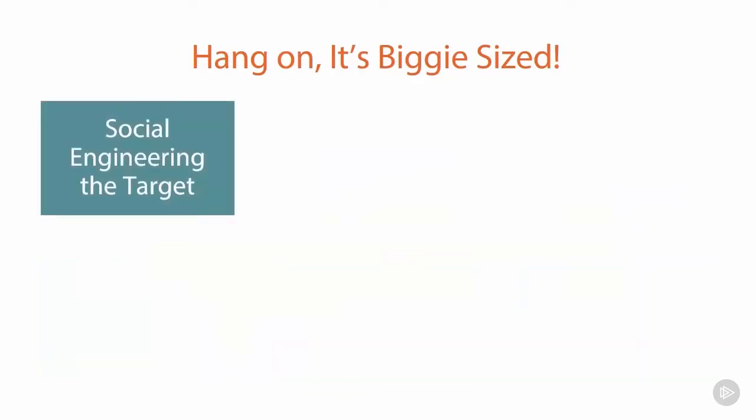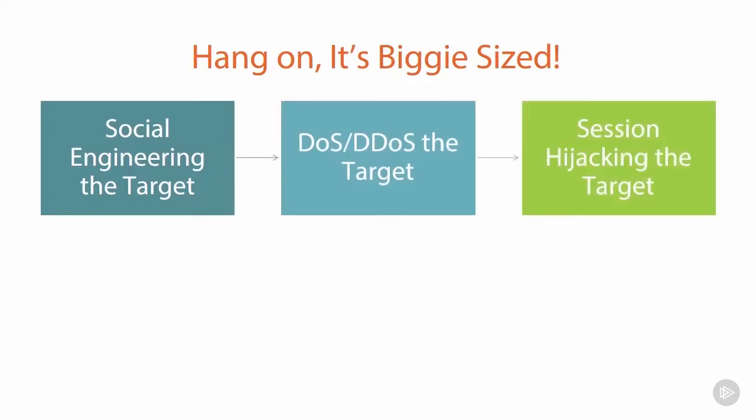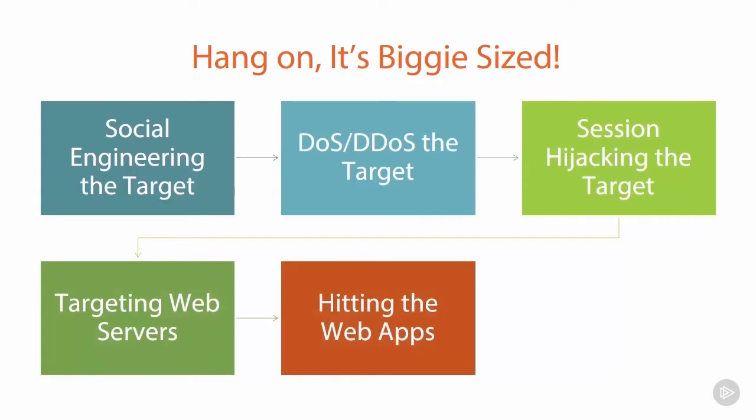After we get done doing that, we'll go through and look at social engineering the target in a pen test, as well as looking at denial of services and DDoSs. We'll also look at things that we need to cover when we're trying to do a session hijack on the target. And then we'll dive into targeting web servers as well as the web apps on pen tests.